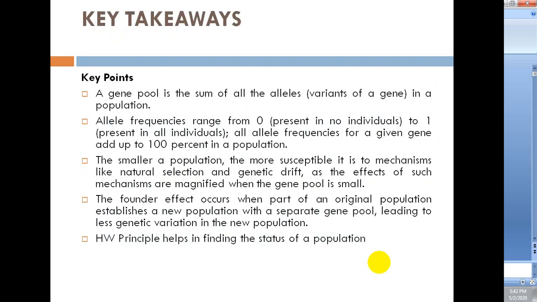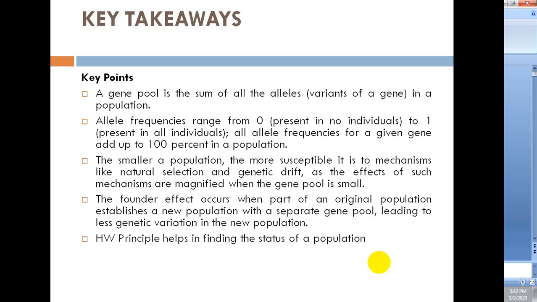Now we have some takeaways from this lecture. A gene pool is the sum of all the alleles, and allelic frequency ranges from 0 to 1. The smaller a population, the more susceptible it is to disturbing forces like natural selection and genetic drift.